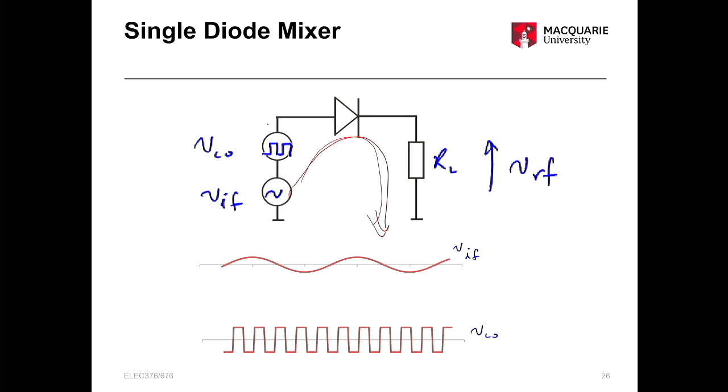So at the input, you're giving it the switching frequency, or LO, and the RF frequency.